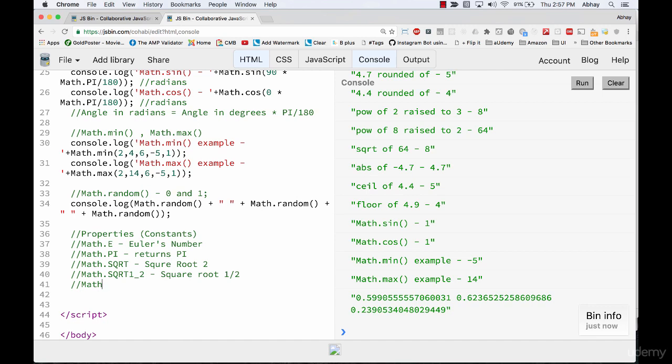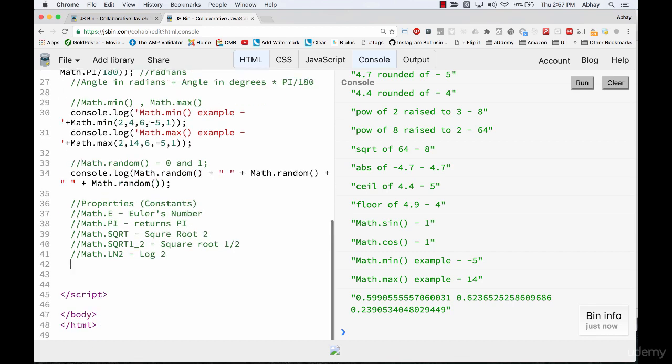Let's see the next one, which is math.LN2. LN2 basically stands for natural logarithm of 2, which means log of 2. So you can expect log of 2 when you use LN2. Similarly, you have math.LN10, which means you have log of 10. We also have math.LOG2E.